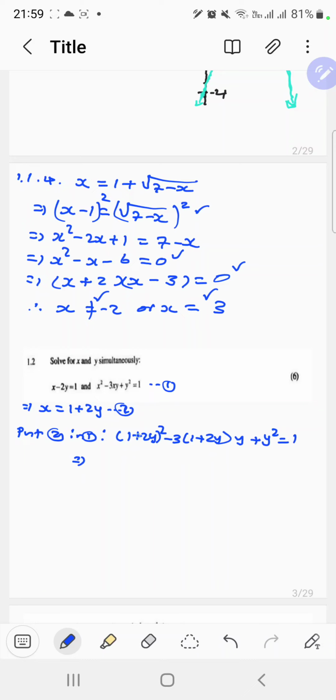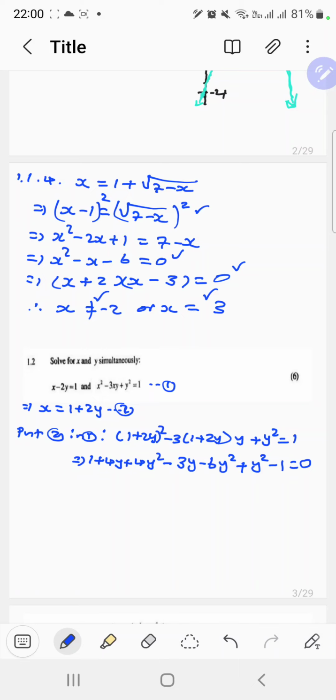This implies that we FOIL this out, it's 1 plus 4y plus 4y squared, minus, and then we multiply by y in there, we get y plus 2y squared. So when we multiply by 3, it's going to be 3y minus 6y squared. And then we add a y squared here, then we take the 1 and leave that one to 0.